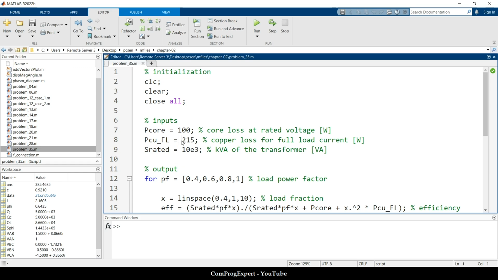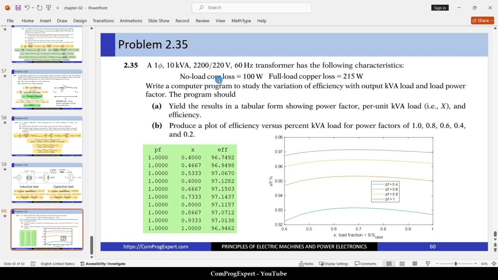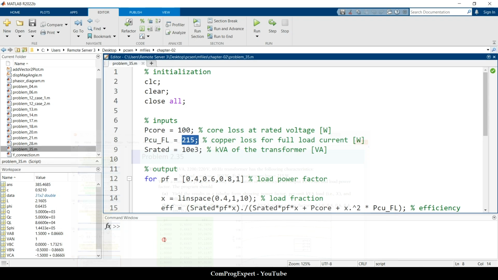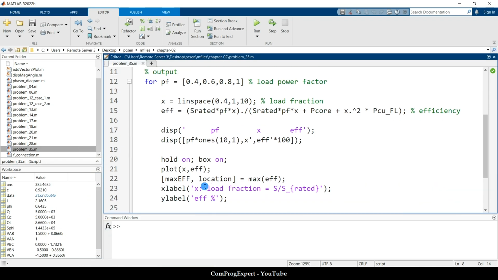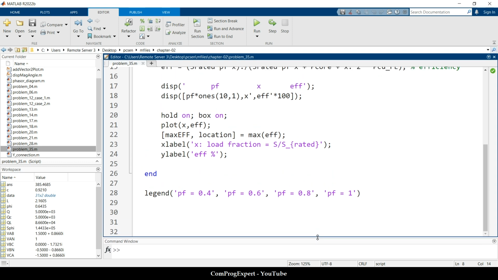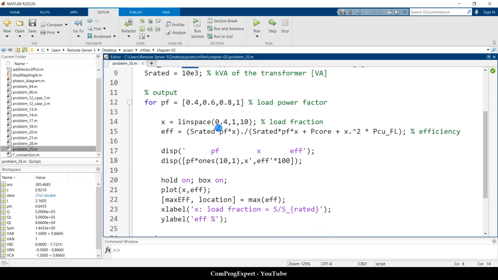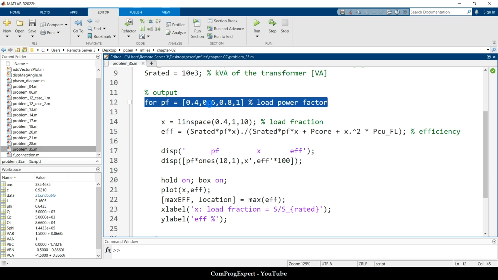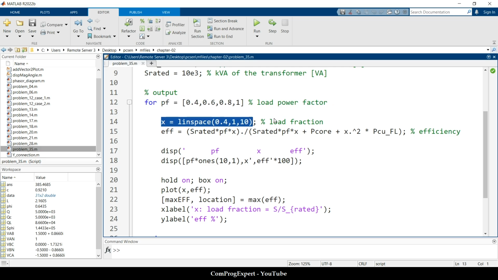We have this value here, and the value of the rated apparent power is 10 kVA. So yes, we have this for loop. I change the value of the power factor, and inside this loop we change the value of the load fraction from 0.4 to 1.